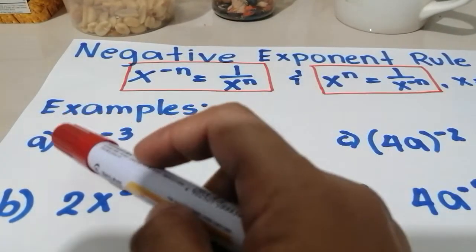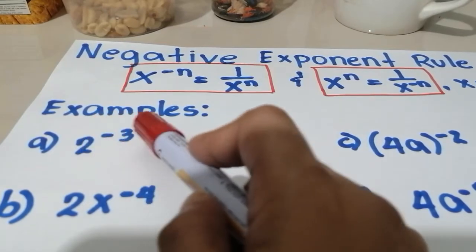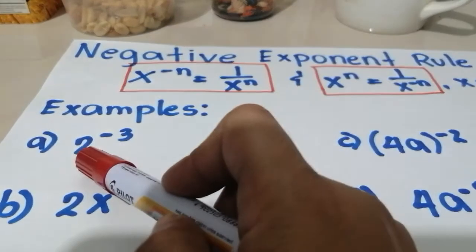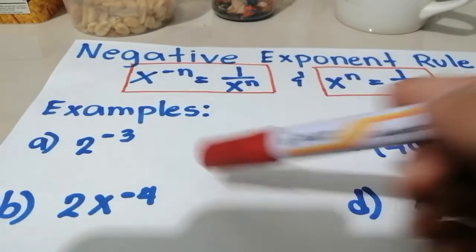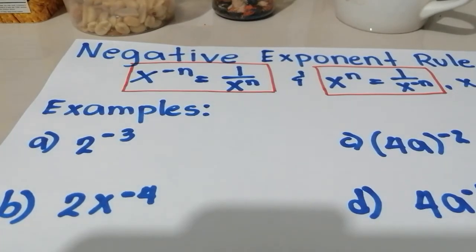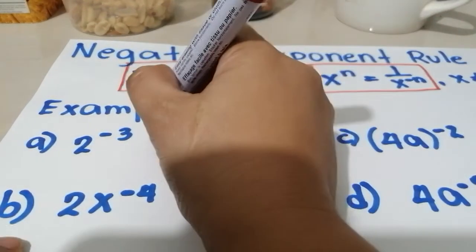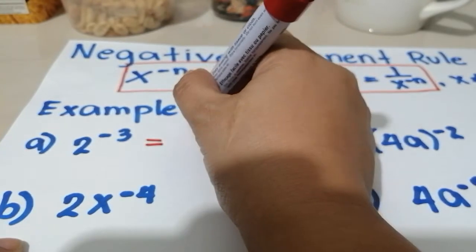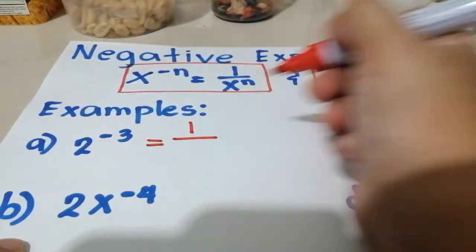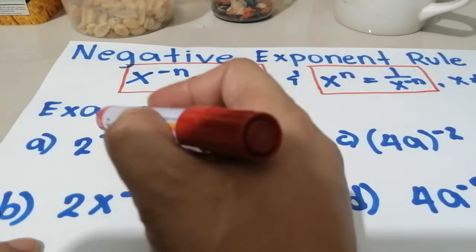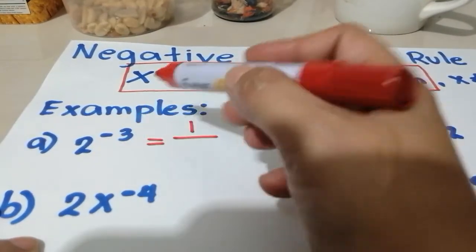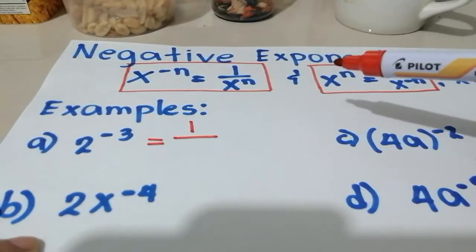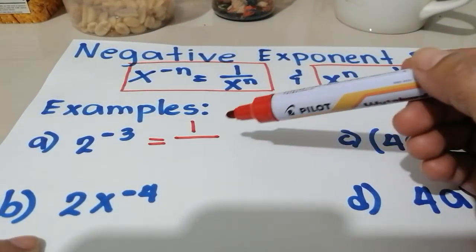Okay? So, 2 raised to negative 3. How are you going to make this positive? All you need to do is make 1 over it. Gagawin natin since whole number siya na may negative exponent. Para maging positive siya, kailangan siya maging fraction.